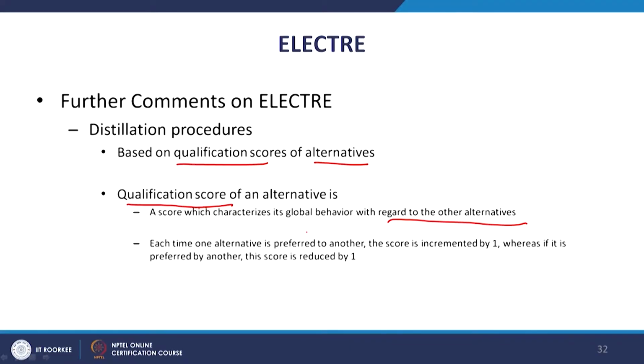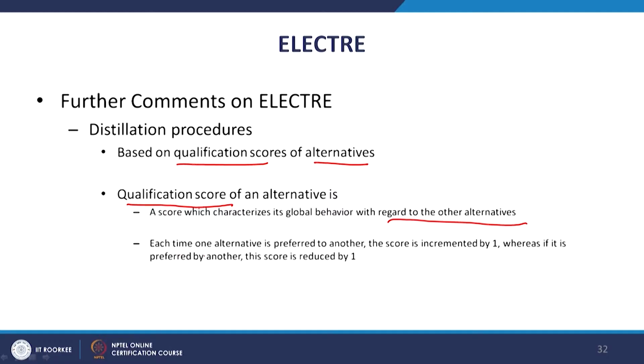But what about the comparisons with other alternatives? That is done in the distillation procedure, where we typically compute qualification scores. That is why in the definition you see a score which characterizes its global behavior with regard to other alternatives. In this particular stage we are going to do comparisons with other alternatives and determine the global behavior of a particular relation.